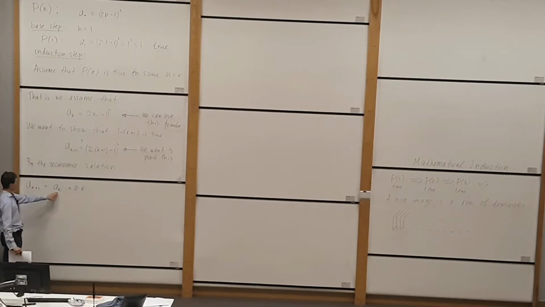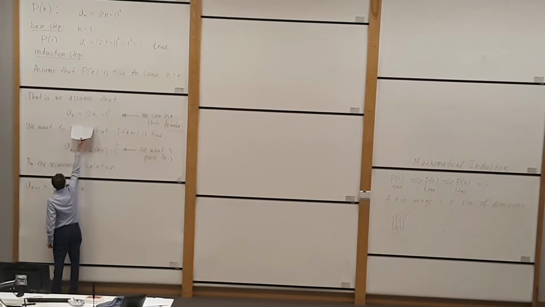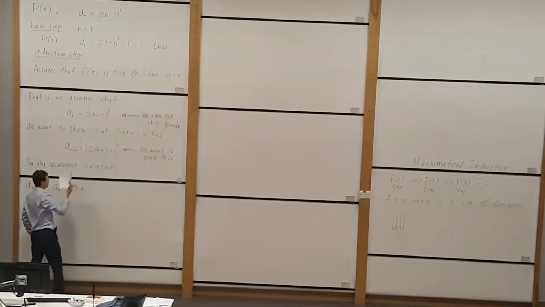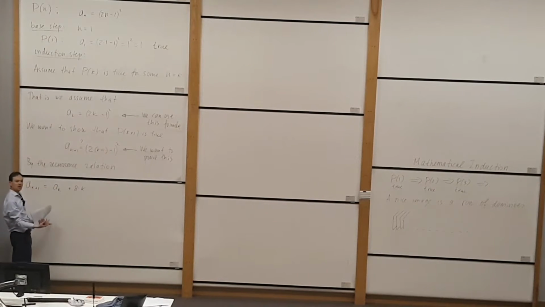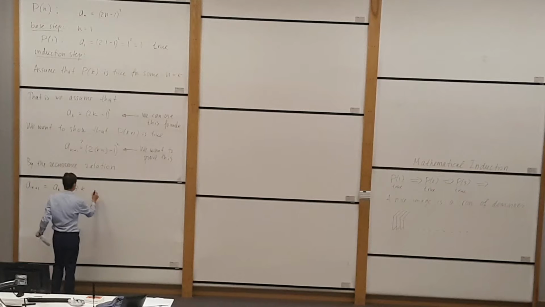So we can write that, and now I expressed a sub k plus 1 in terms of a sub k, and I know something about a sub k, right? Because I assume that formula is true. So the next step, I use my assumption. I use the P of k statement, right?